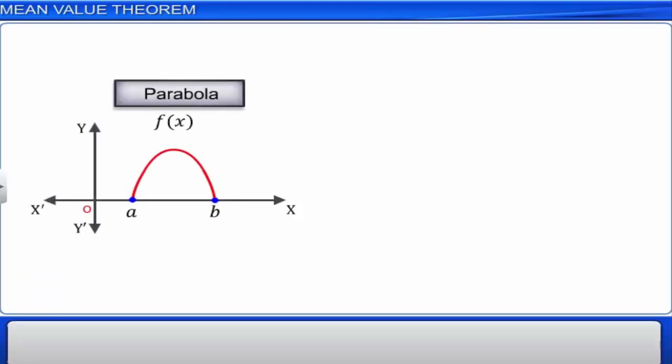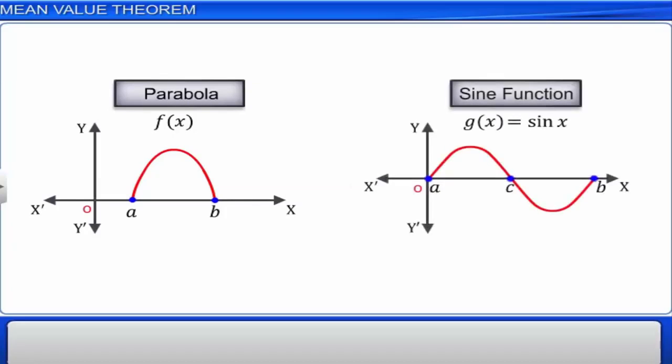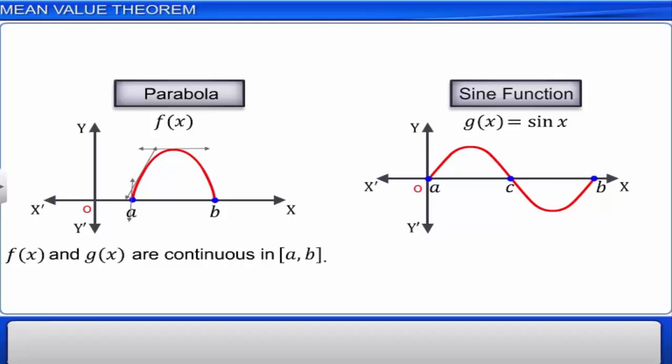Take a look at the graphs of a parabola and a sine function. It is clear that the functions f of x and g of x are continuous in the closed interval a, b. Let's now draw tangents to the curves at various points. Observe that the parabola has only one tangent parallel to the x-axis.